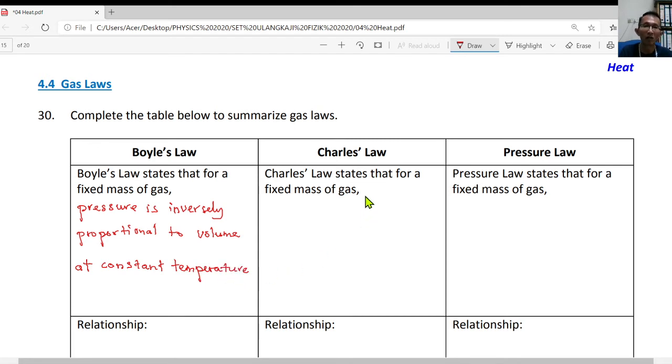Now, what does Charles' law say? Charles' law says that for a fixed mass of gas, Charles talks about volume. It says that volume is directly proportional to the absolute temperature.